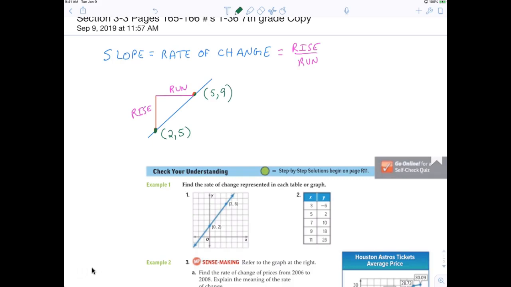What is the rise? 2, 5 and 5, 9. What's the rise? Don't change your mind just because there's a bunch of people saying 3s.